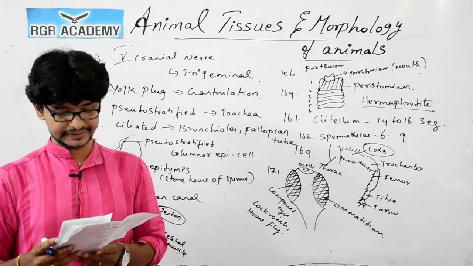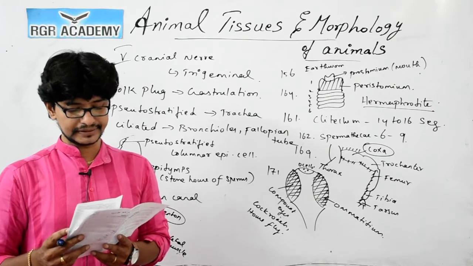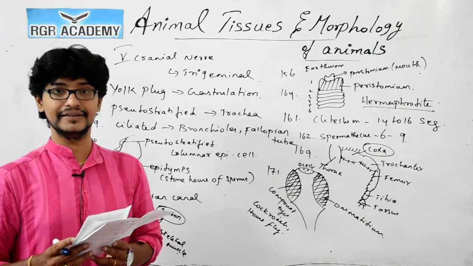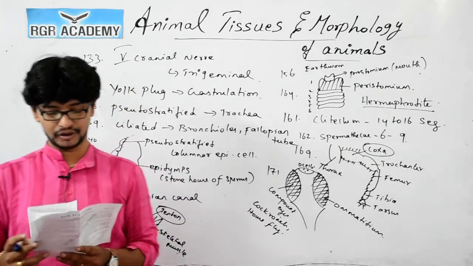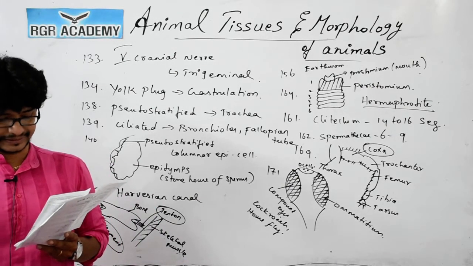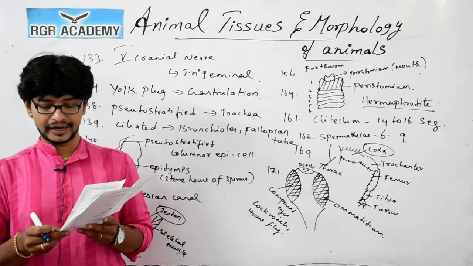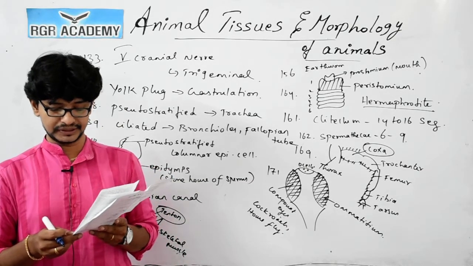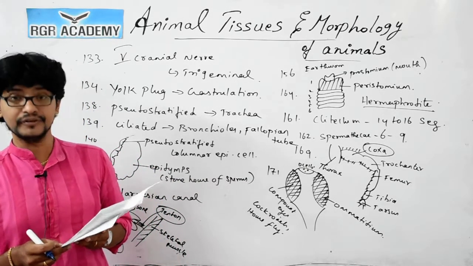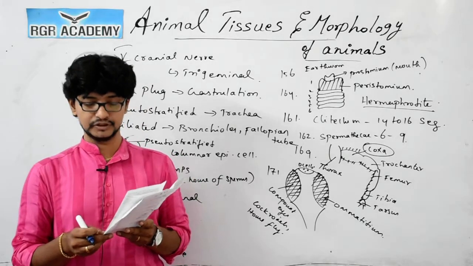Question 176. Uterus acts as urinogenital duct in male frogs. Option 4 is the correct answer, because in male frogs, the two ureters act as urinogenital ducts which open into the cloaca. They run backwards from the kidneys and open into the cloaca.